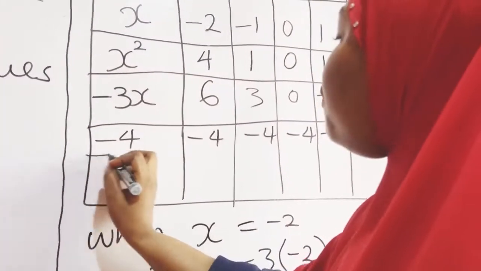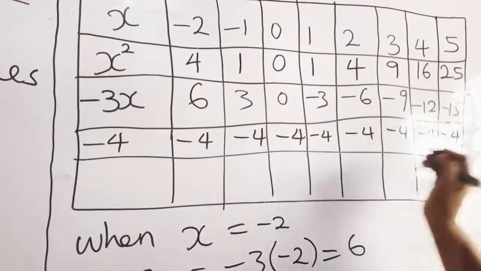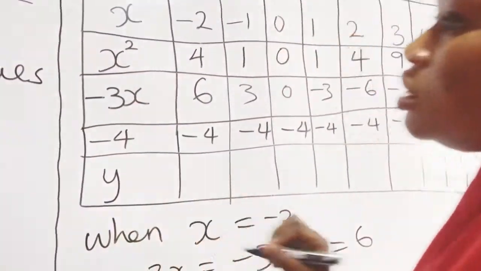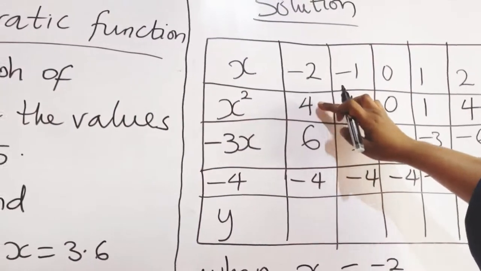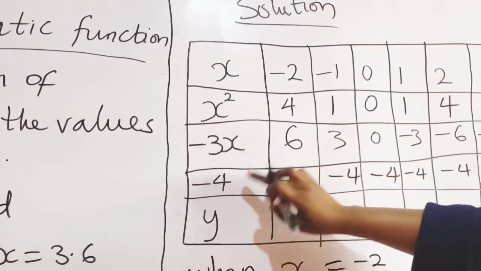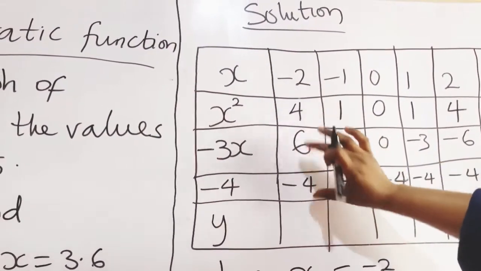Now we want to find the value of y. Y is x squared -3x -4. So addition of this.